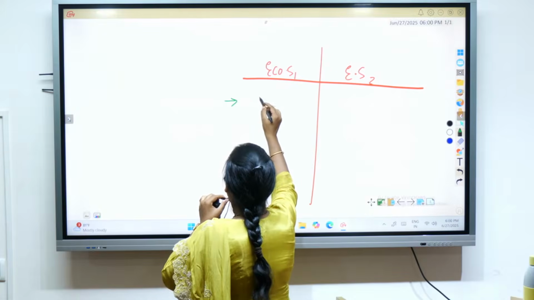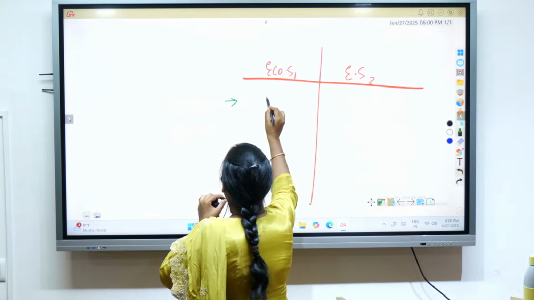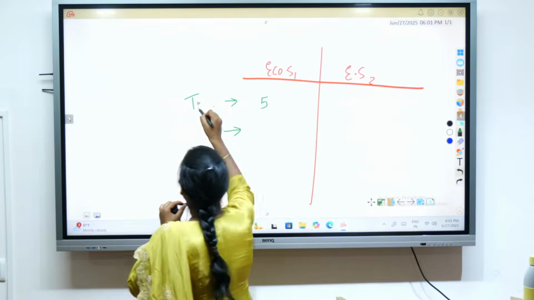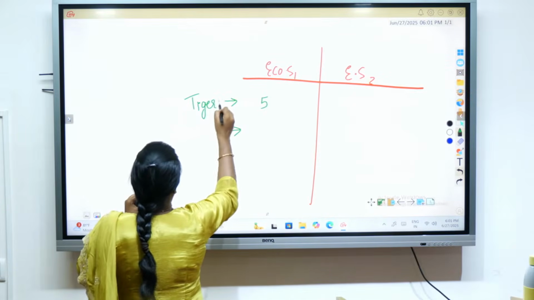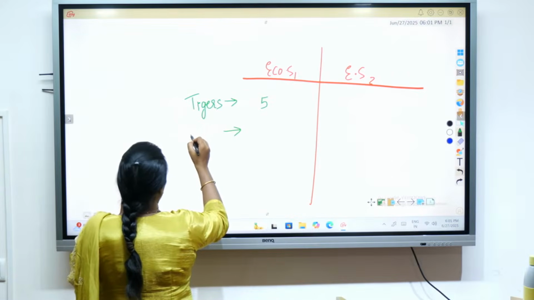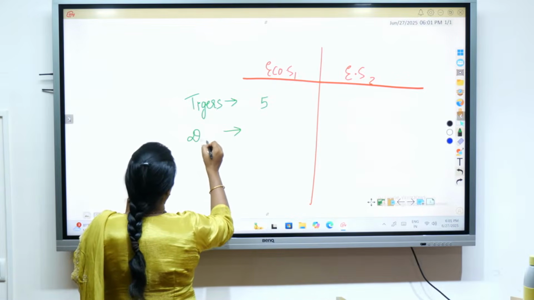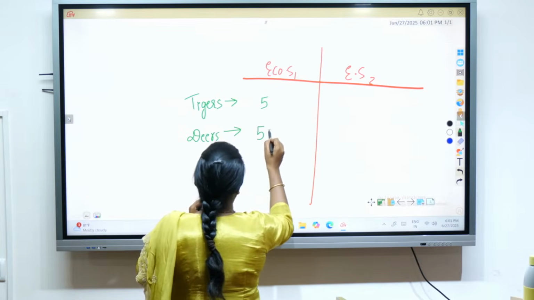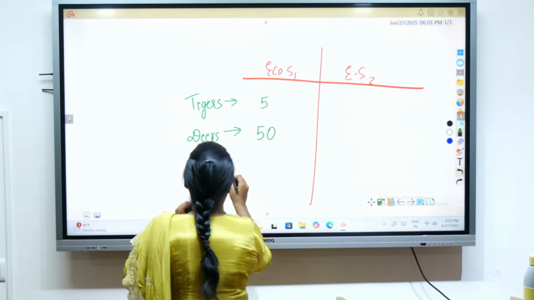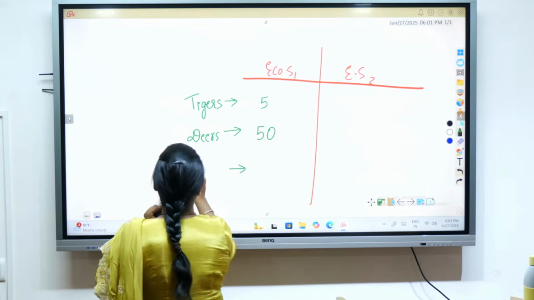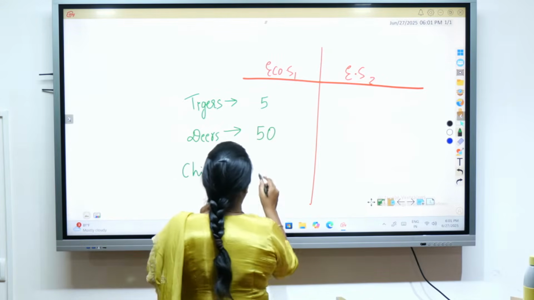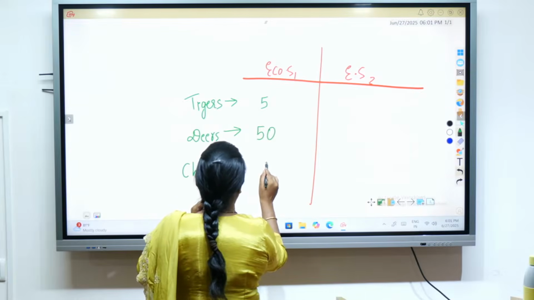Tigers are 5 in number. Tigers, and then deers, 50 in number. And cheetahs, they are again 5 in number.